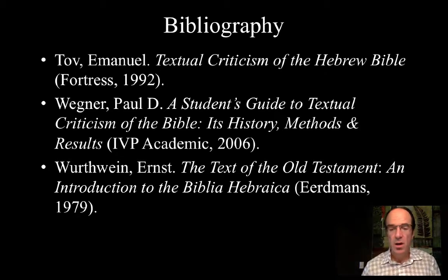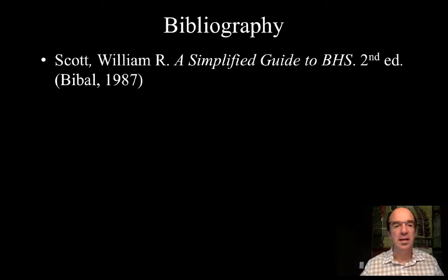Another older text, this is the English translation from 1979. The actual German original was from earlier. And then it's also handy to make sure that you have access to a simplified guide to BHS, because one of the issues that you encounter when you're doing text criticism is all of the different abbreviations that are used in the text critical notes of the BHS text.